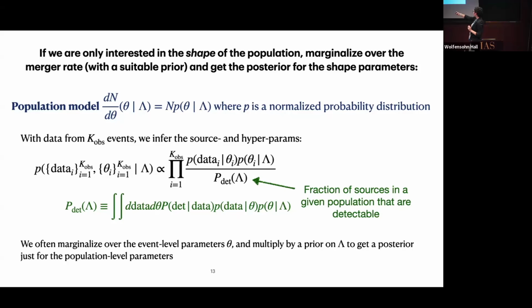So yeah, and then you end up normalizing this by the detection probability, or the VT, given a lambda.